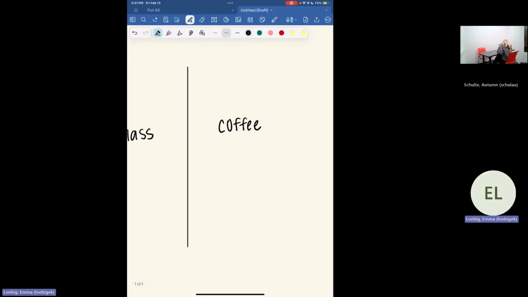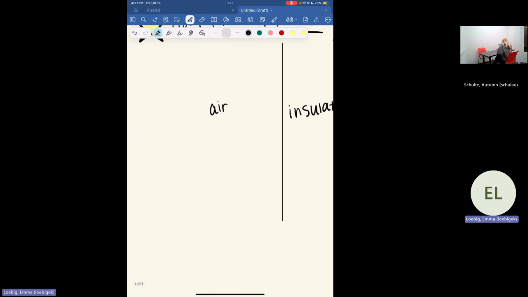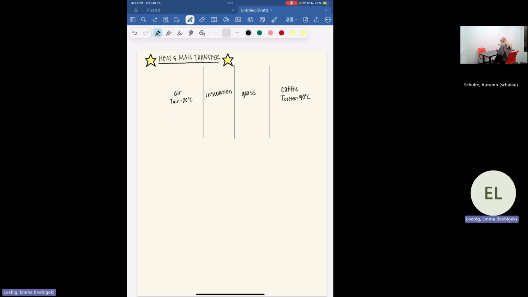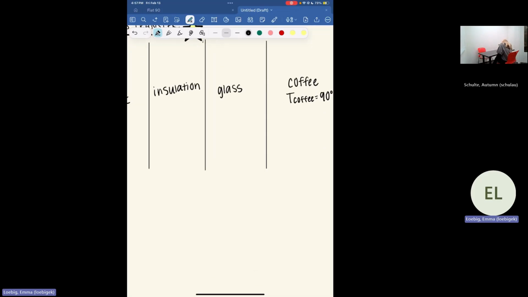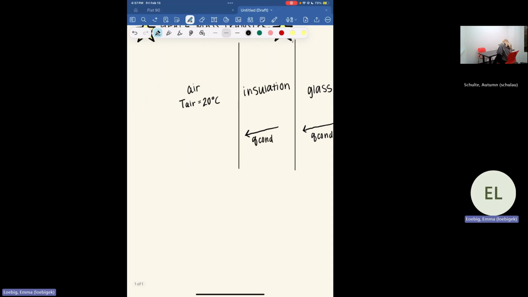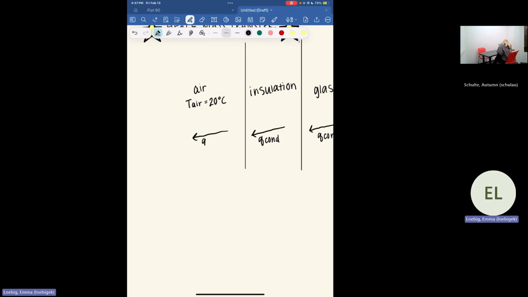We know that the temperature of our coffee was 90 degrees Celsius, and the temperature of our air was 20 degrees Celsius. We know that we had heat leaving via conduction through the glass, heat leaving via conduction through the insulation, and heat leaving via convection to the air.